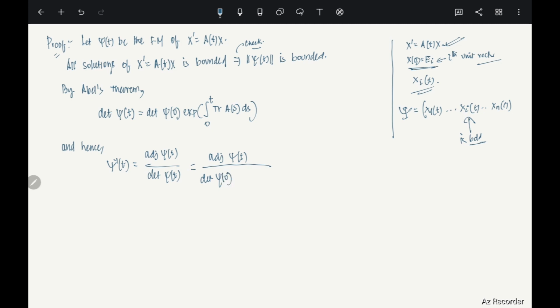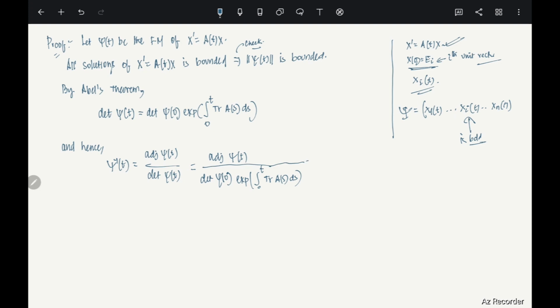Why can we write it like this? Φ is a fundamental matrix, so the determinant of Φ(0) is never going to be 0, because Φ is invertible. So the determinant of Φ(0) is non-zero, and an exponential is always positive. So essentially this is not a problem.